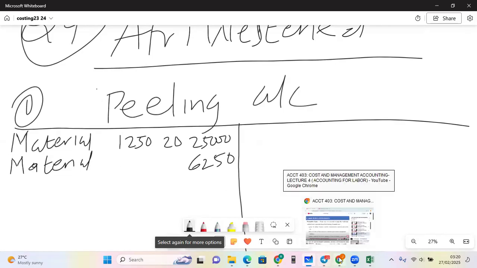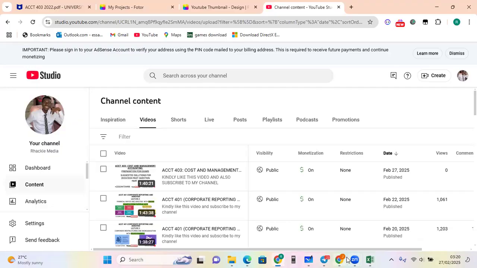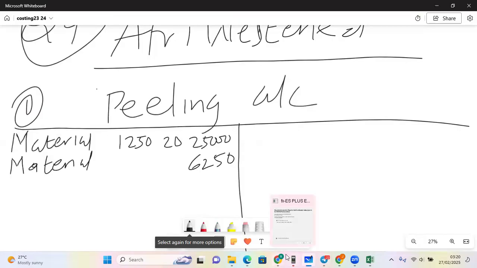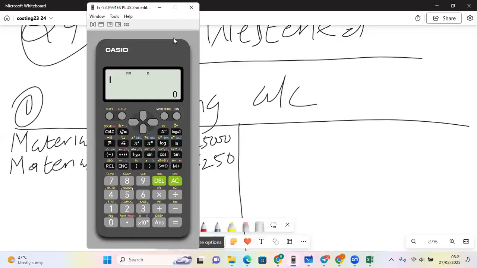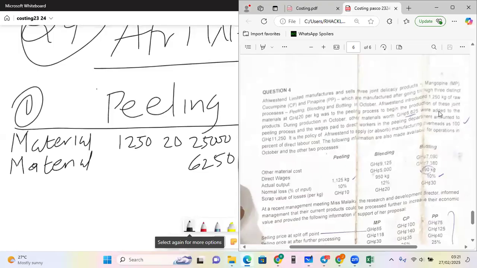Then the wages paid to direct workers in the peeling department amounted to 11,250, so direct wages.